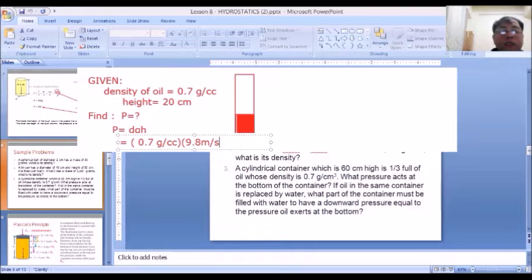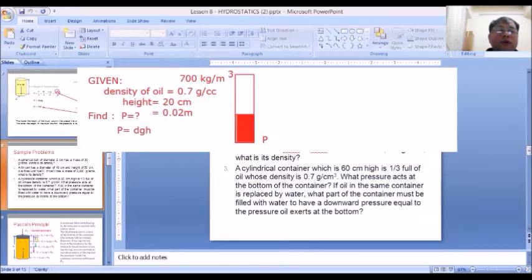So we have different units here. There must be a way of converting our units. We should change the units to be consistent. We have a height that is also in centimeter, so we need to convert that to meters so that we will have consistent units in the MKS system.